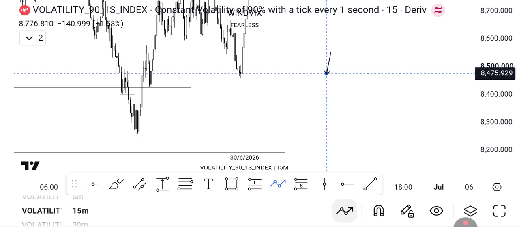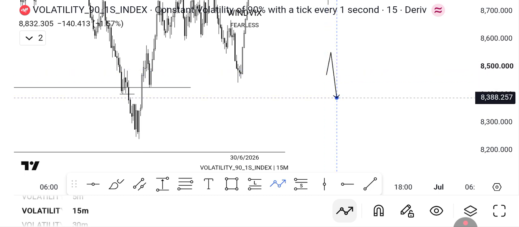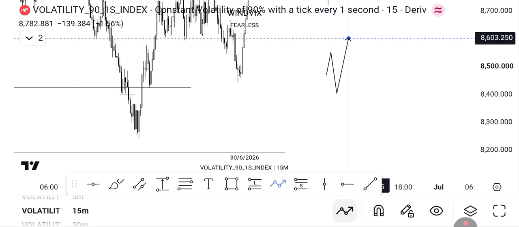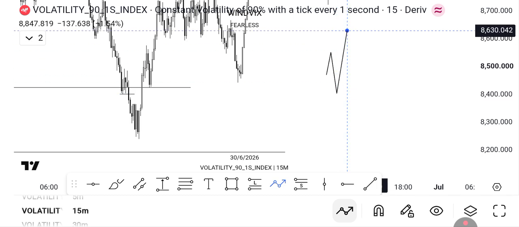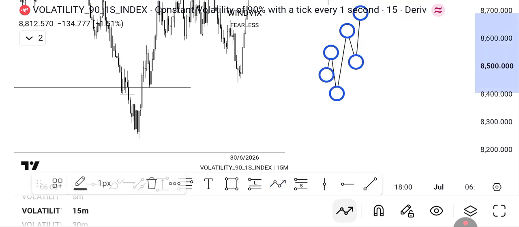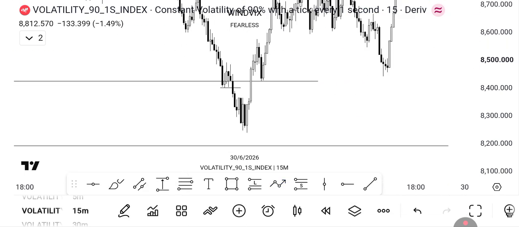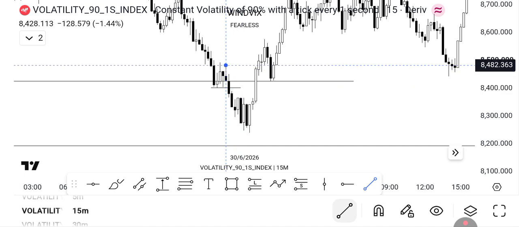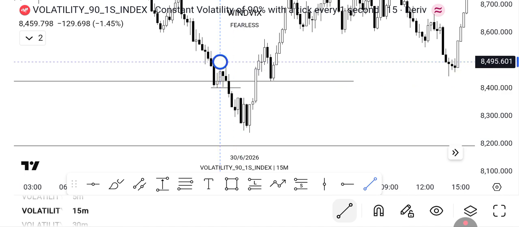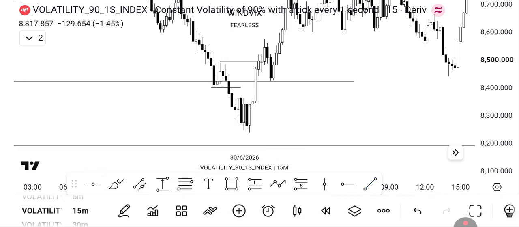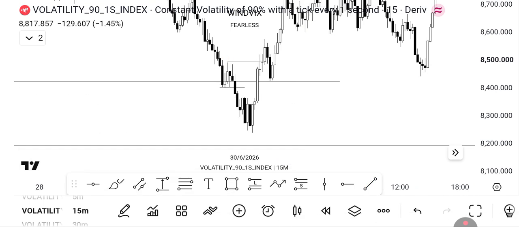So this was the candle that dug into it, so it has to be taken out, right? And then create a break of structure. And the market will come and pick from here and then start buying.